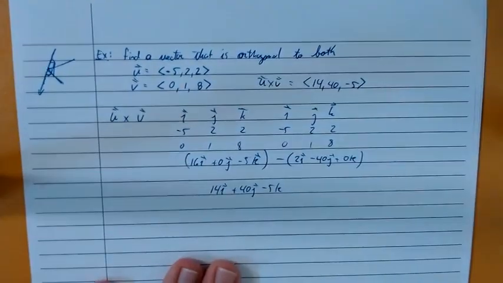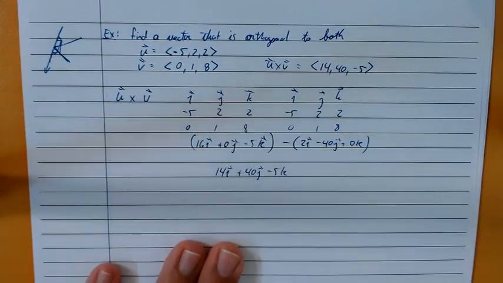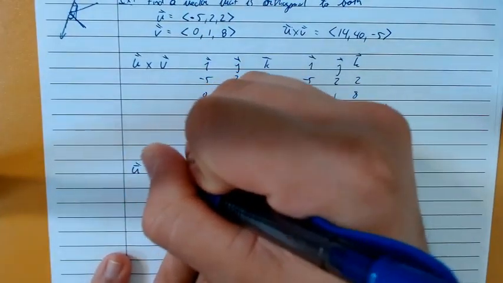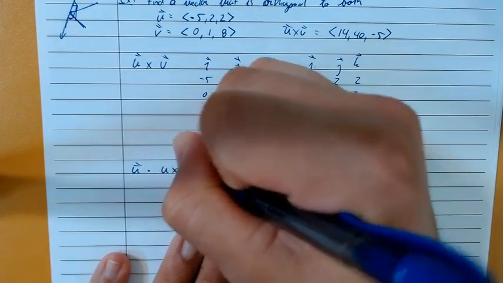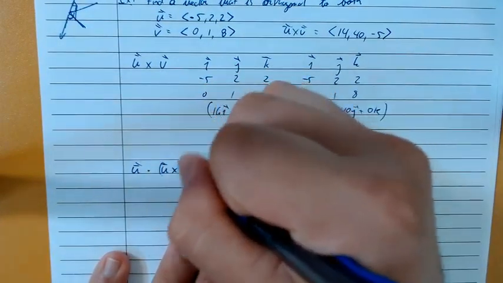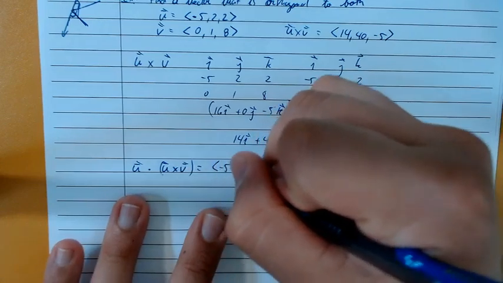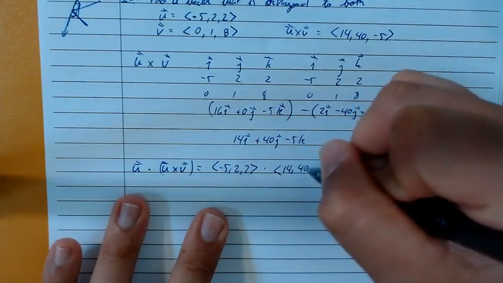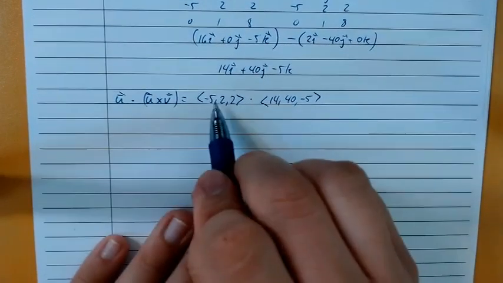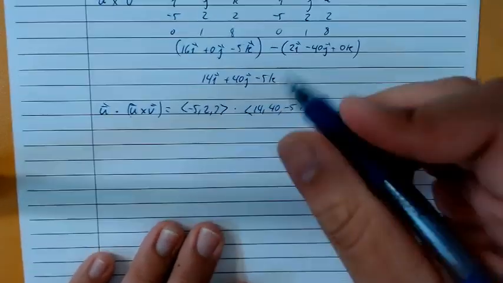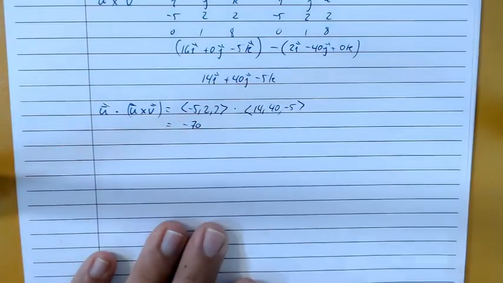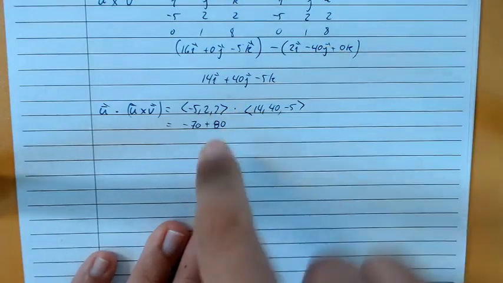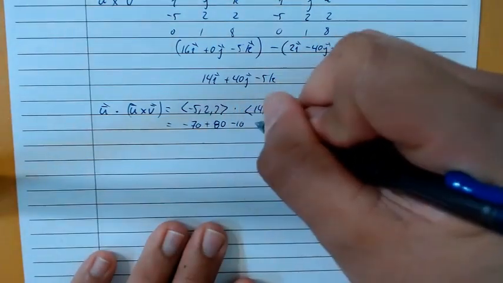Note that this is orthogonal to both. By definition, two things are orthogonal if their dot product is 0. So let's check that. If I take u dot u cross v, that's negative 5, 2, 2 dot 14, 40, negative 5. Negative 5 times 14 is negative 70, 2 times 40 is 80, and 2 times negative 5 is negative 10, which sure enough is 0.